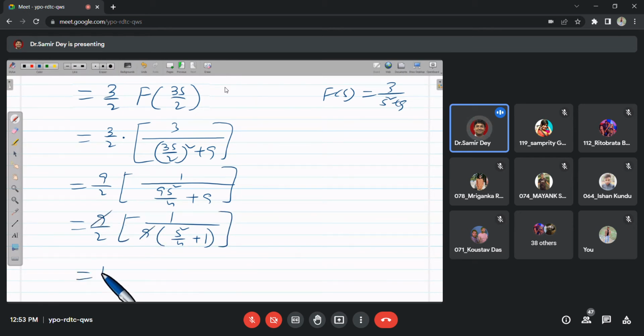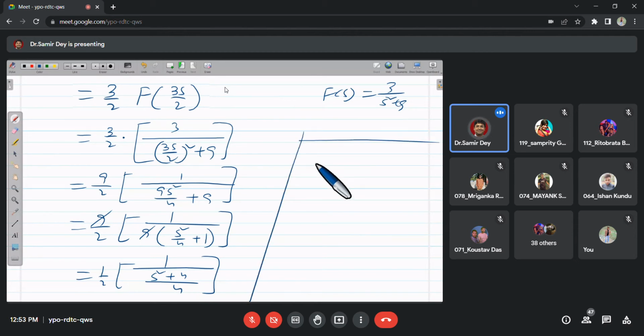So it is coming 1 by 2, 1 by (s square plus 4) by 4, if you take LCM. So it is coming 1 by 2, 4 by s square plus 4. Ultimately, it is coming 2 by s square plus 4. Is it correct or wrong?